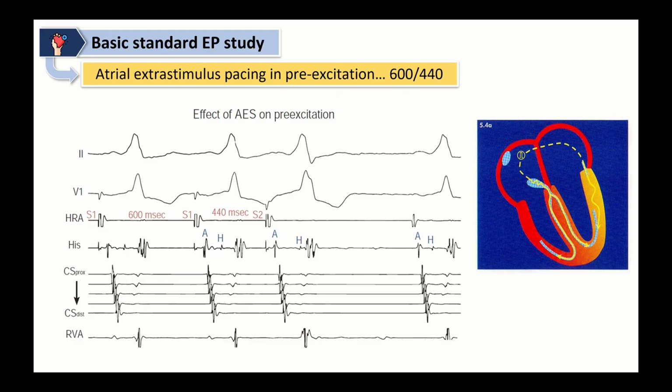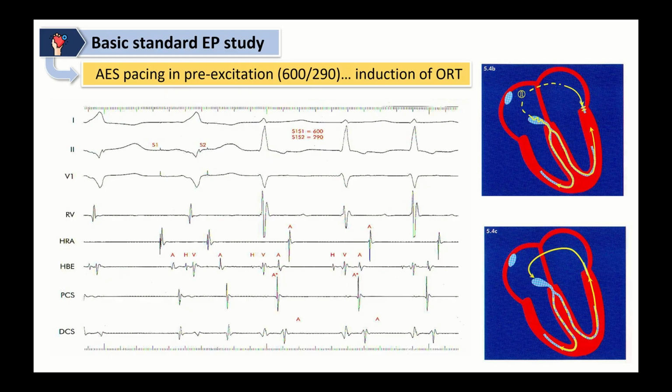Let's give an atrial extrastimulus at a shorter coupling interval. What happened? The HV interval becomes very short, then simultaneous HV activation. Why? Because of the accessory pathway. Then no more antegrade accessory pathway conduction.